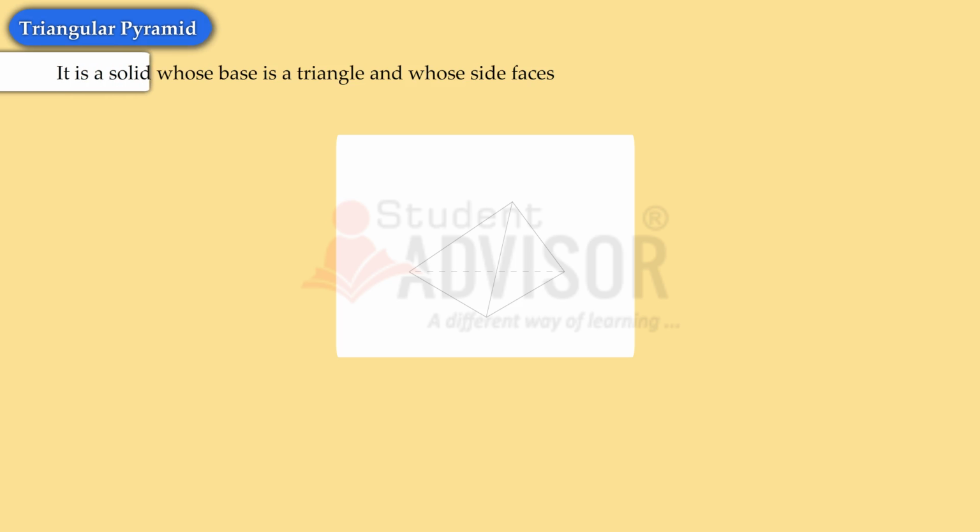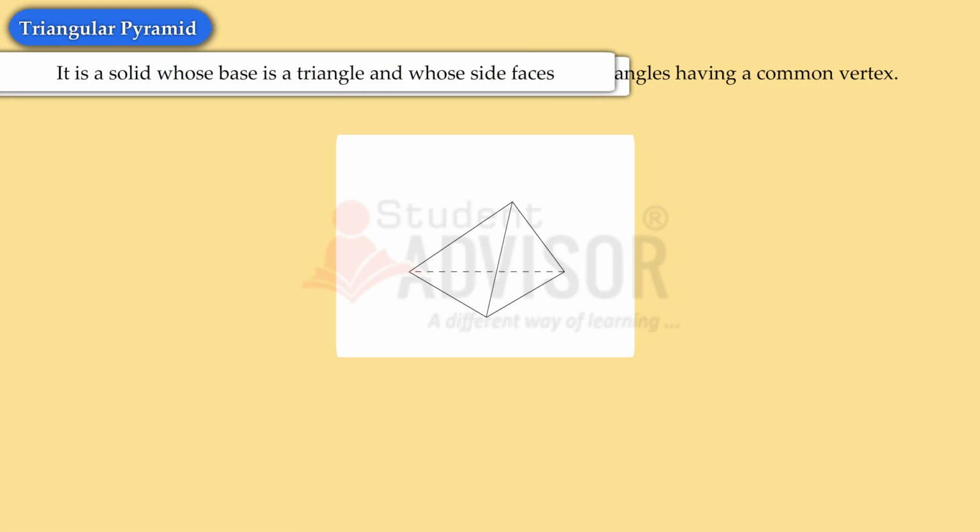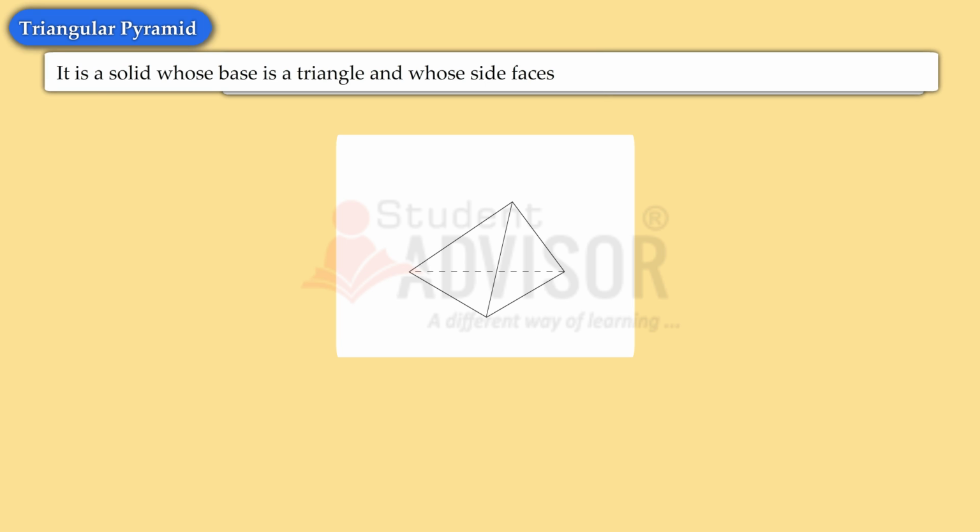It is a solid whose base is a triangle and whose side faces are triangles having a common vertex. A. It has 4 triangular faces. B. It has 4 vertices. C. It has 6 edges.